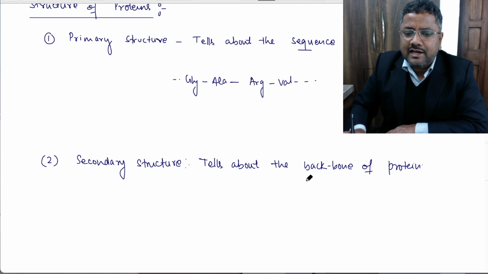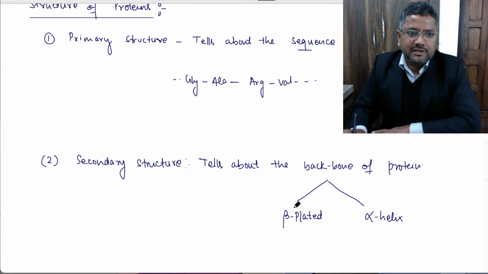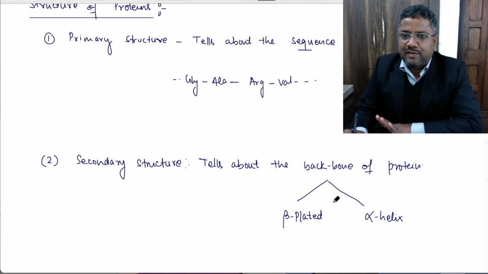And this backbone consists of two parts: one is the beta pleated structure and the other one is the alpha helix. So basically, this backbone, meaning the secondary structure, has beta pleated as well as alpha helix.